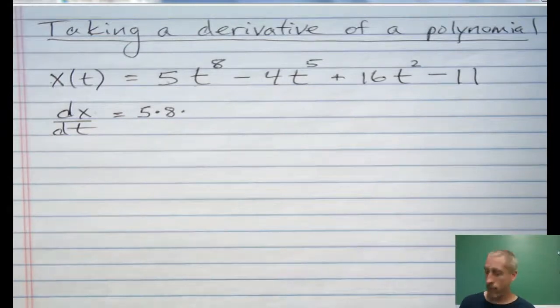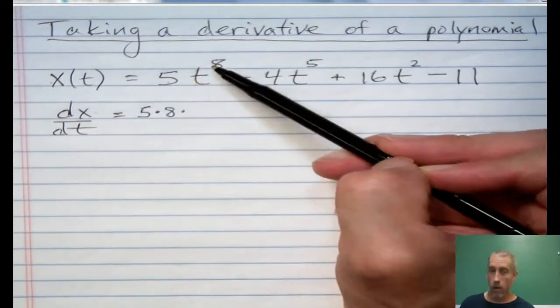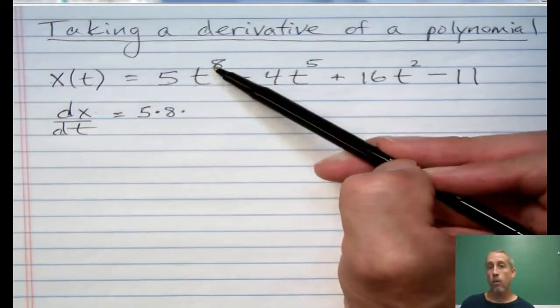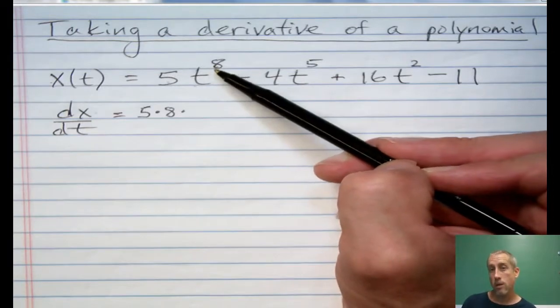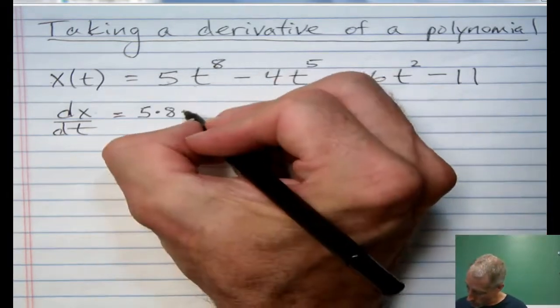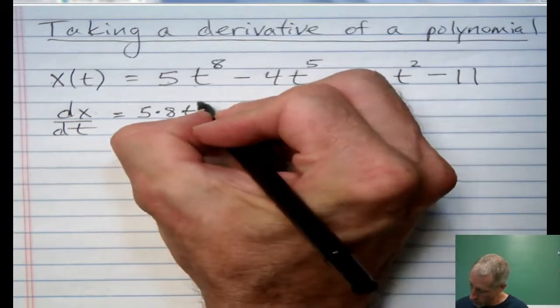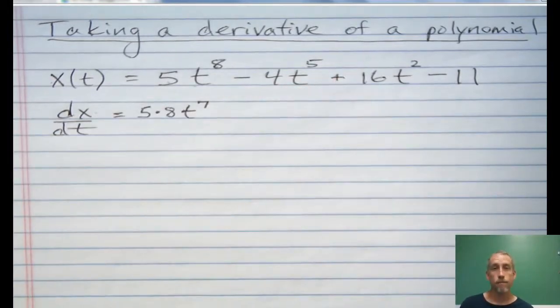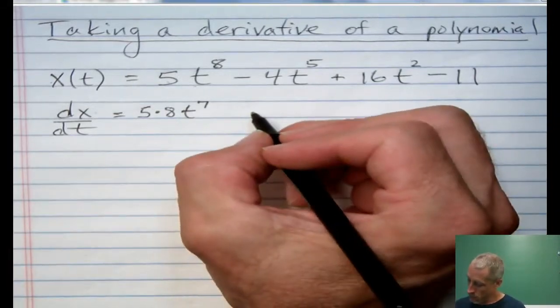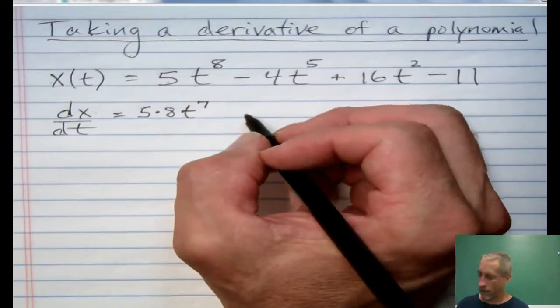And then we have the power being reduced by 1. So instead of 8, we're going to change it to a 7. So we have t to the 7th. That is the derivative of the first term of that function. Now we're going to clean that up in just a minute, but I'll leave it that way.